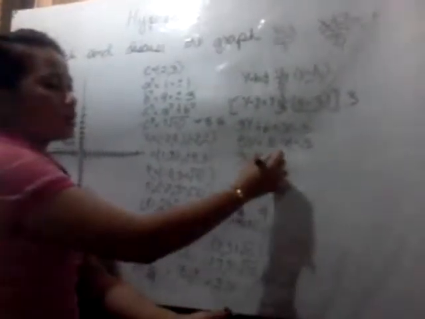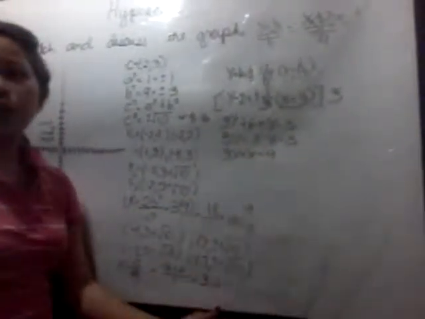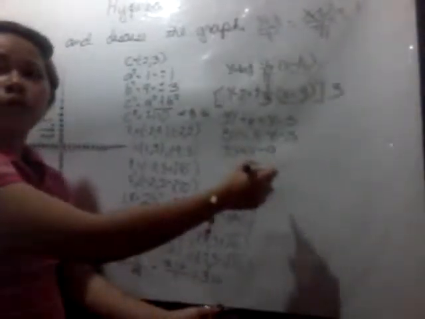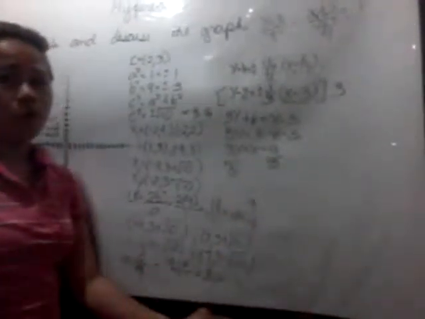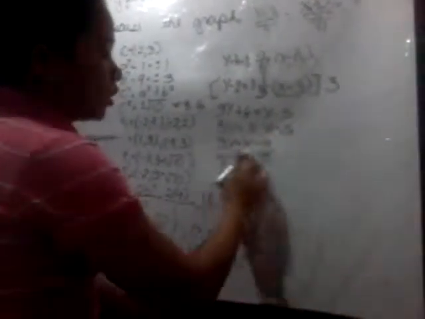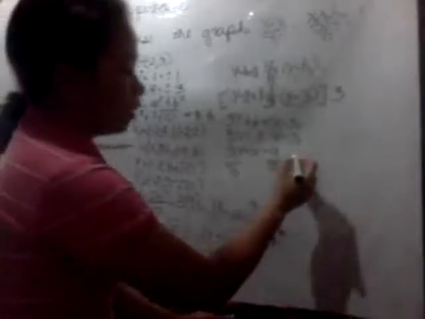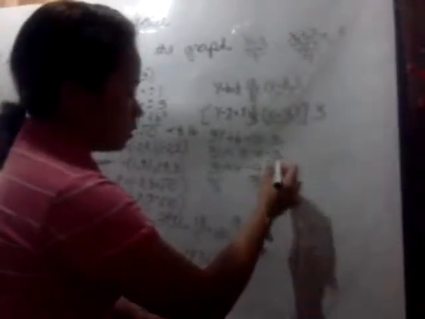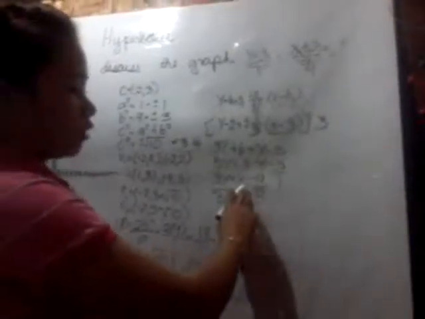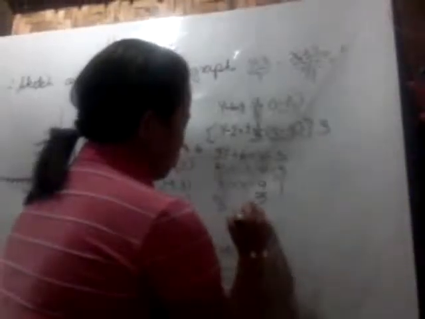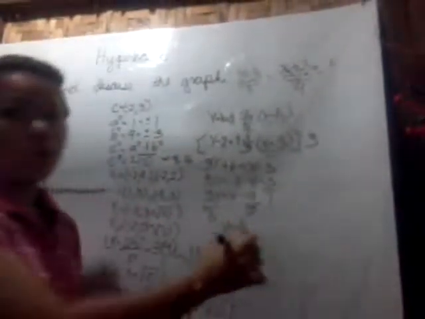Then 3y equals x, leave 9, so there over 3. So this 9 comes from here, from these two numbers. Negative 6 minus 3 equals negative 9. So the answer now here is y equals 1/3 x.